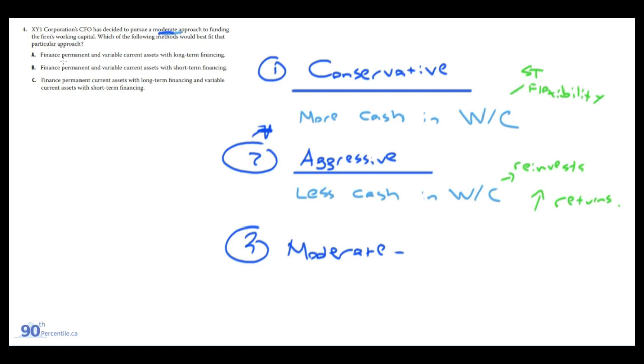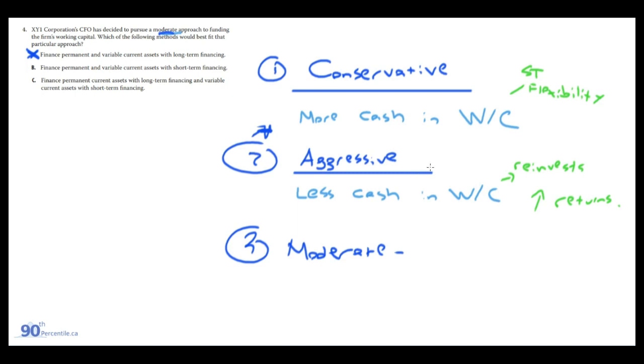A, finance permanent and variable current assets with long-term financing. No. This would be an aggressive approach, where a function of having less cash in working capital is having a lot of long-term debt.